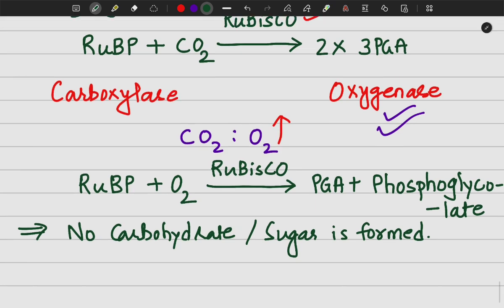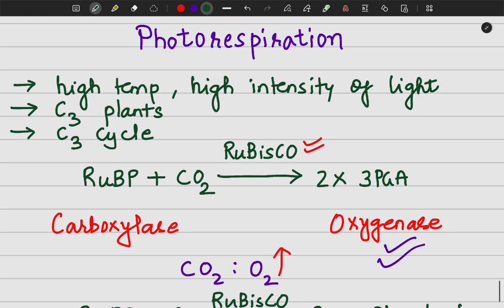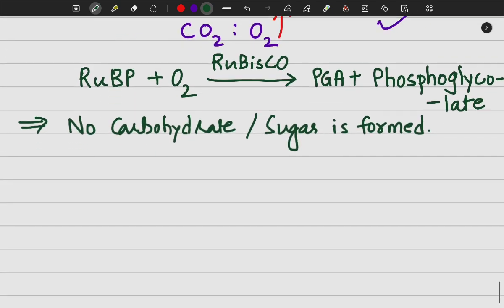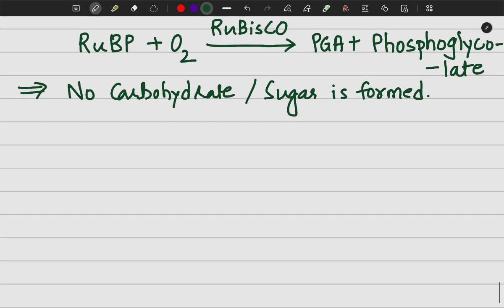So this is what photorespiration is, and we studied that it occurs in cases of high temperature and high intensity of light. So what initiates photorespiration is that whenever there is high intensity or high temperature, we studied about stomata and the functions of stomata, right?